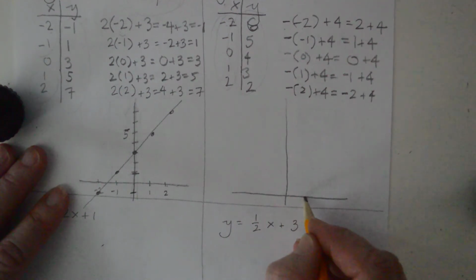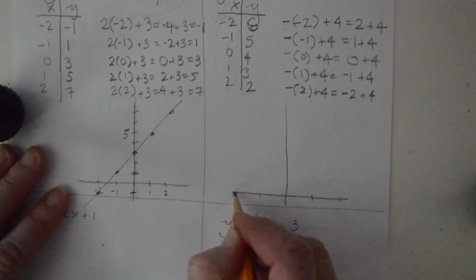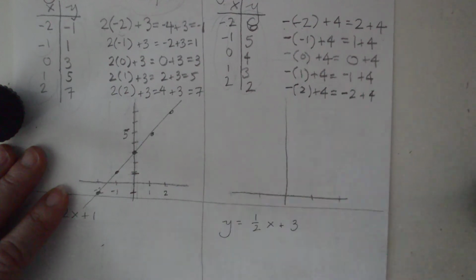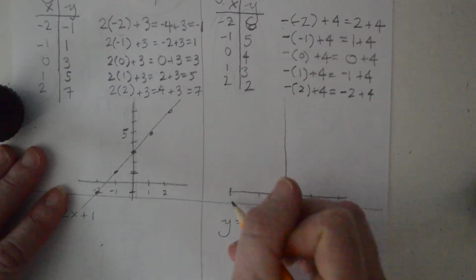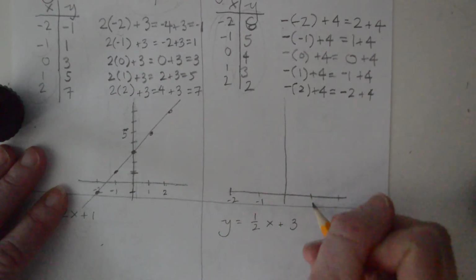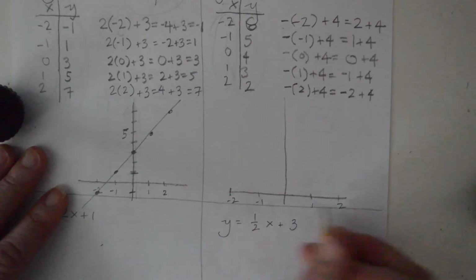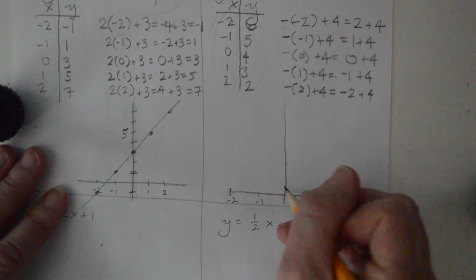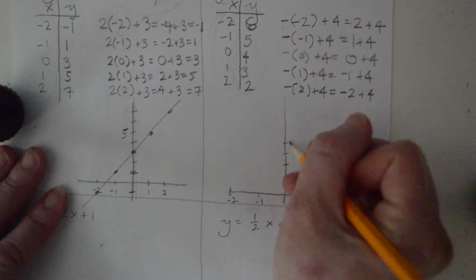I'm going to make it even more obvious this time that the x values are differently spaced than the y values. I'll get a better pencil here. So this is -2, -1, 1, and 2. But notice how they're all relatively equal compared to each other. And then for the y's, I'm going to do 1, 2, 3, 4, 5, 6.